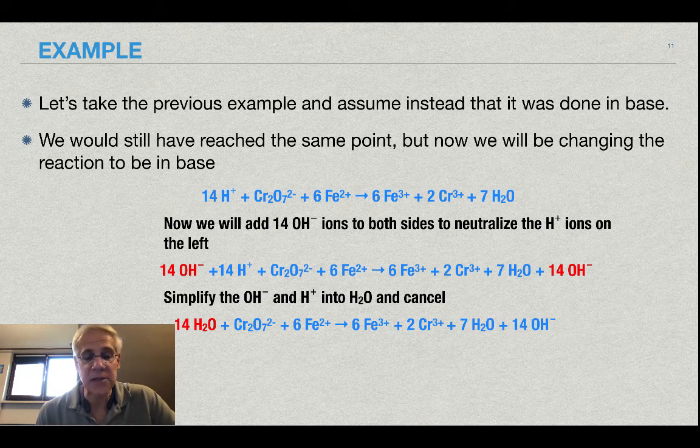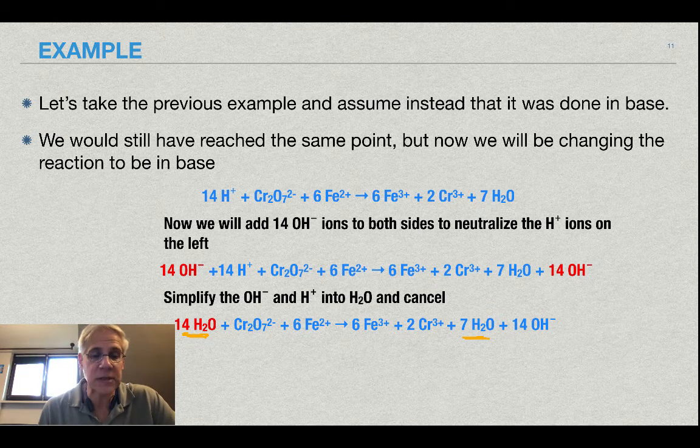Notice that the OH minuses on the product side had nothing happen to them because there are no H's on that side. Now notice that I have waters on the left and I have waters on the right. So I have to cancel some of those.